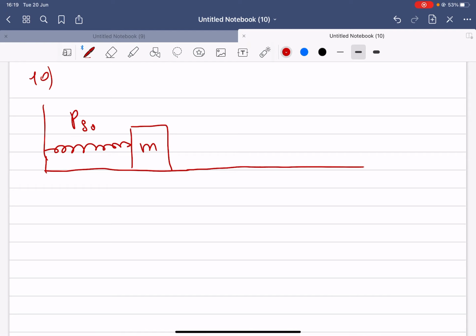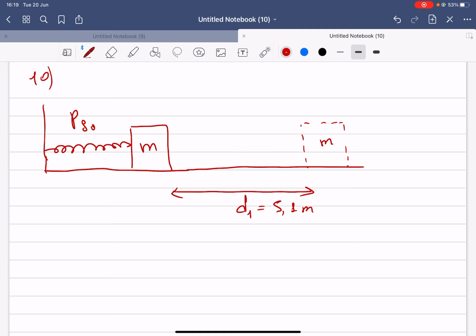So when it is released, it stops here due to friction. Suppose it moves a certain distance, so let's call this distance d1, which is 5.1 meters, when it will be stopped.